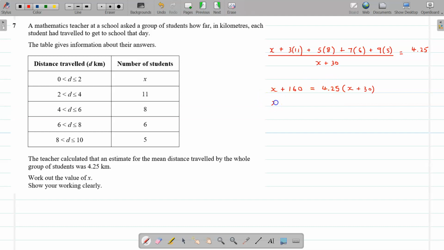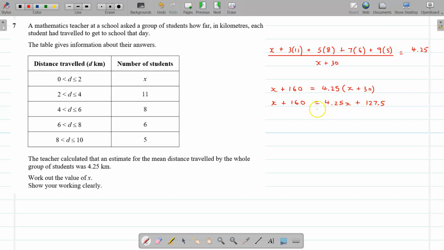Well, if I just multiply out the bracket on the right, that's 4.25x plus 4.25 times 30. 4.25 times 30 is 127.5.